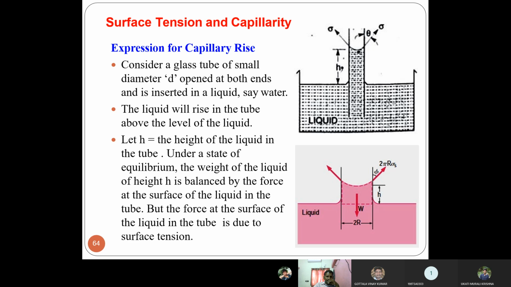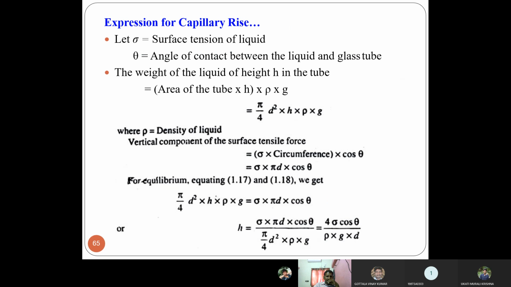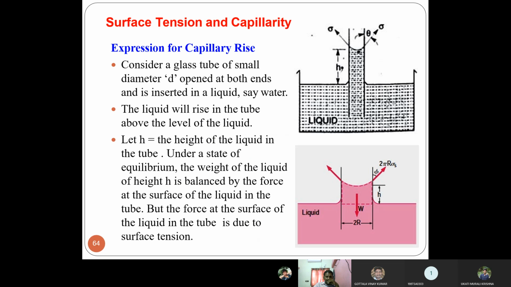Let sigma be the surface tension, and theta the angle of contact between the liquid and the glass tube. This is theta, the inclination between the glass tube surface and the liquid surface.